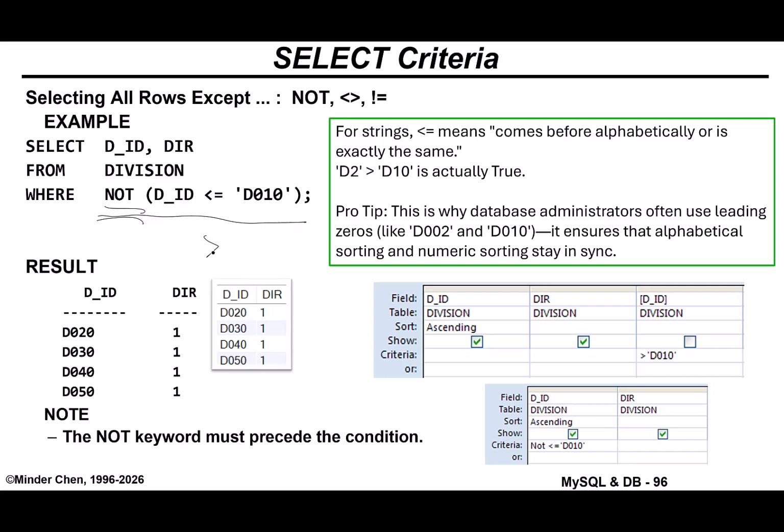Okay, so if you could avoid using not, you may want to avoid it because it takes an extra step to understand what it is. But in some situations, not really works well. So not is used before a condition. This is a condition or expression.